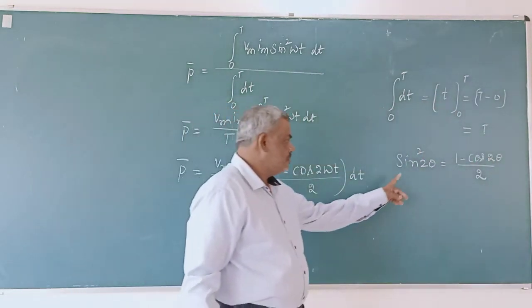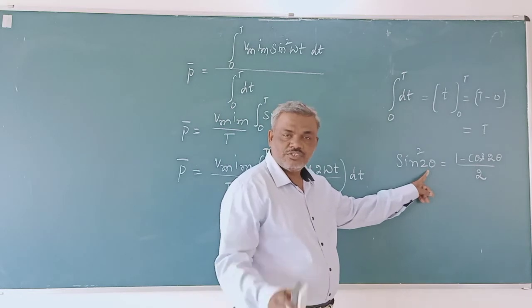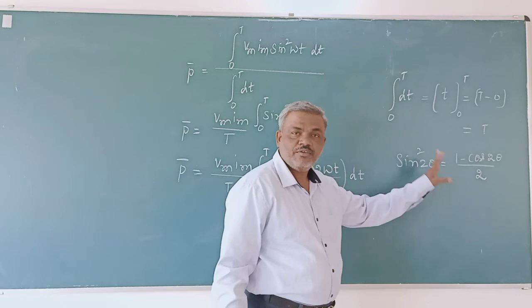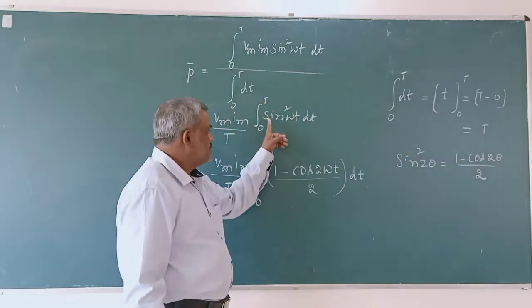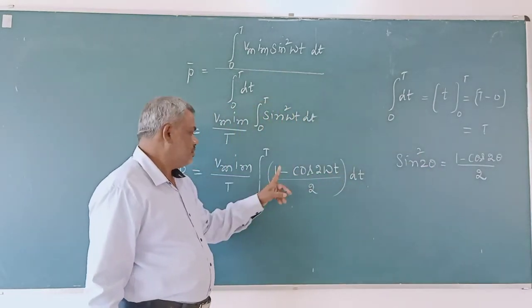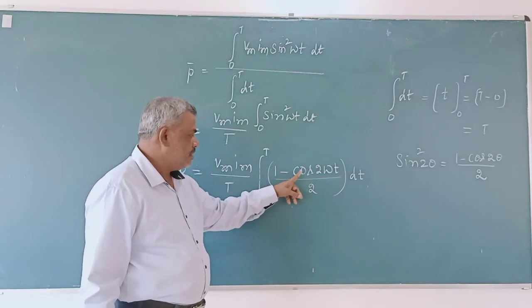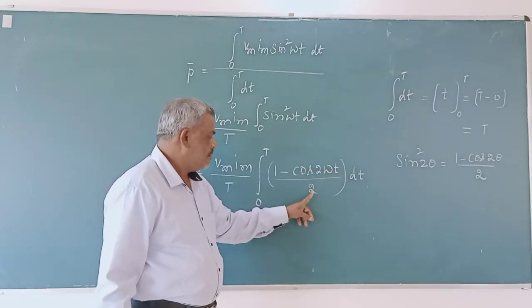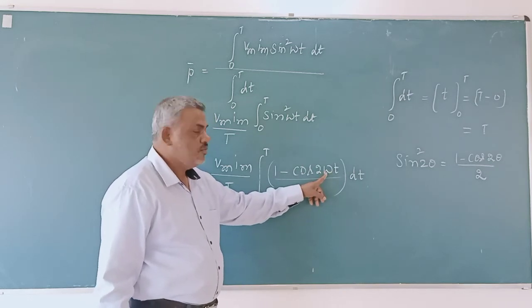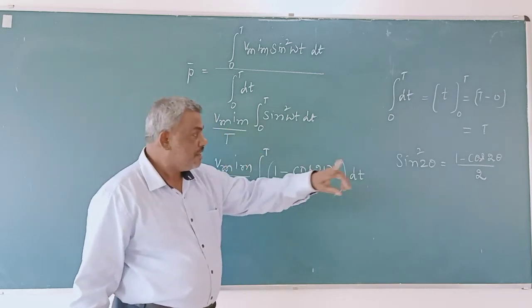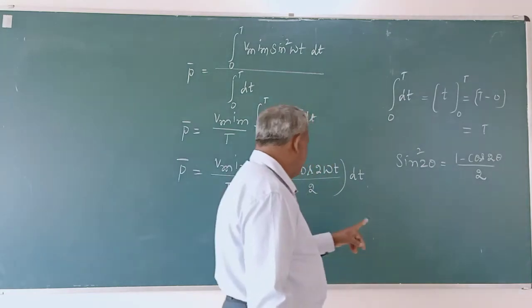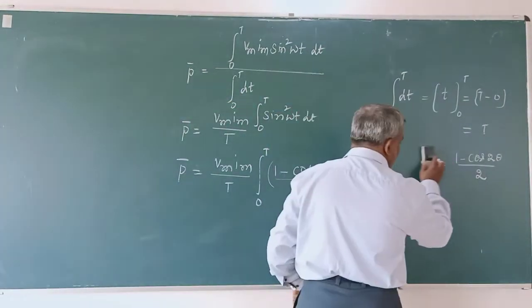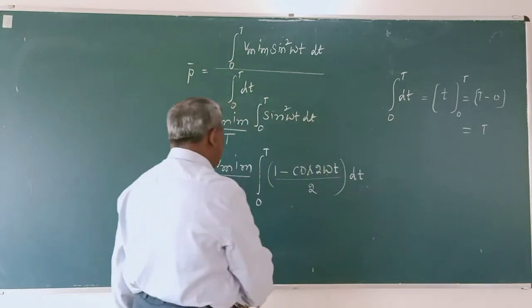That is the standard formula. Here also it is the same: sin square omega t is written as 1 minus cos 2 omega t by 2. In theta's place, omega t is there.